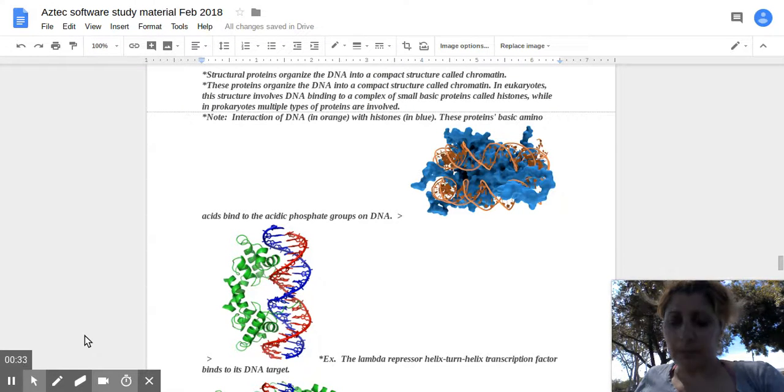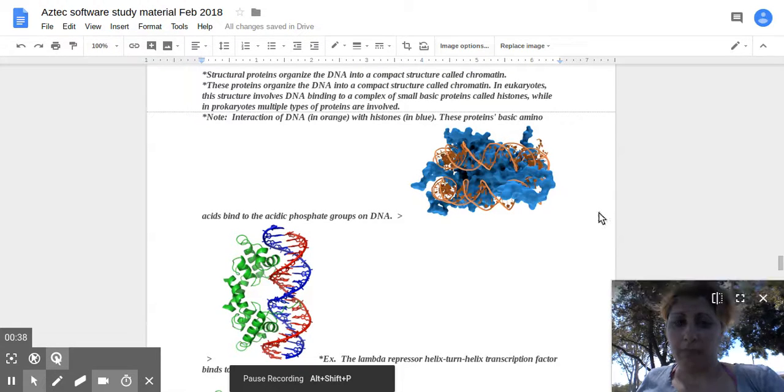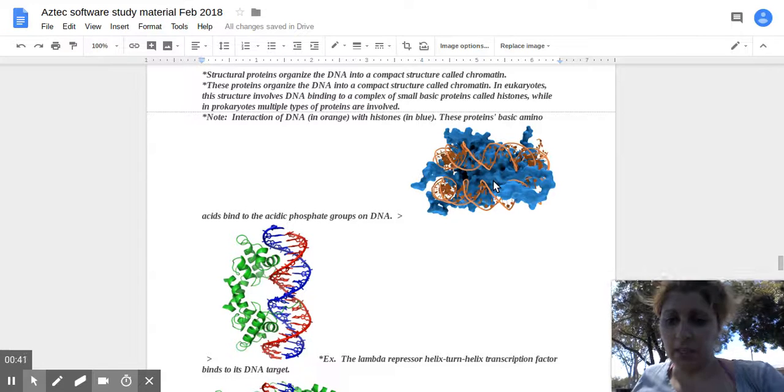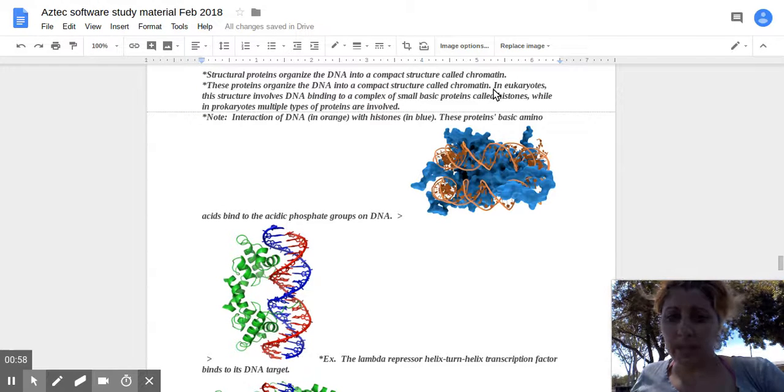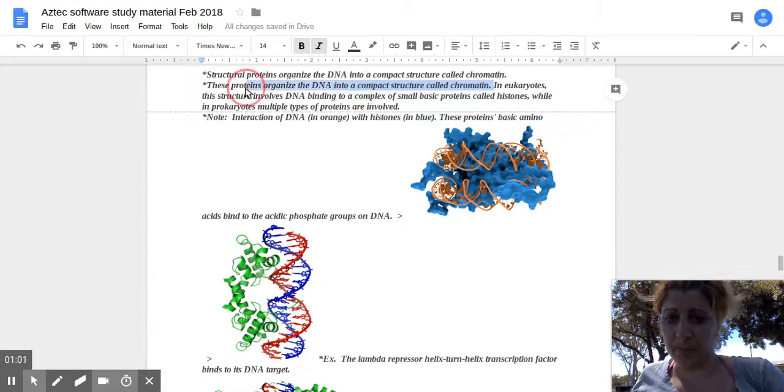Structural proteins, as shown here in the 3D model, organize the DNA into a compact structure called chromatin. These proteins are called histones.